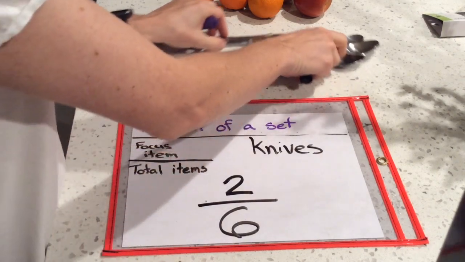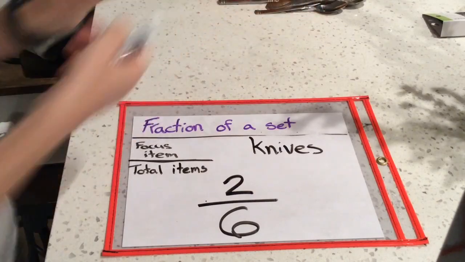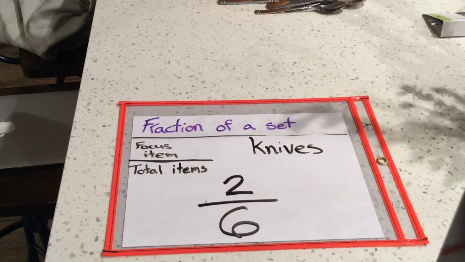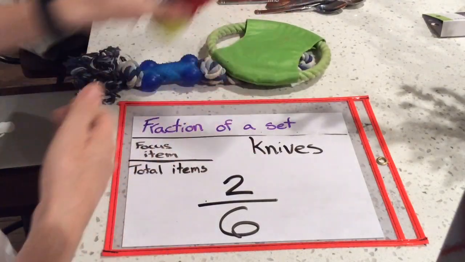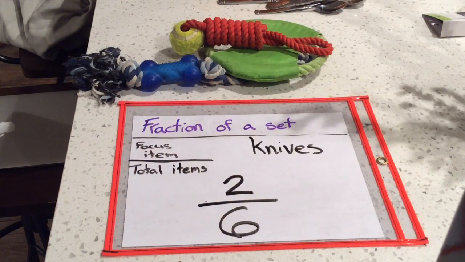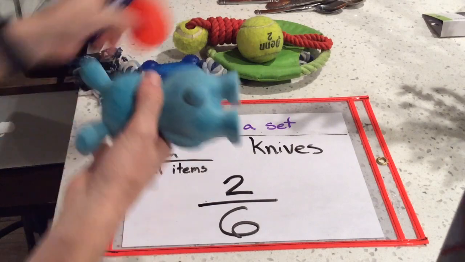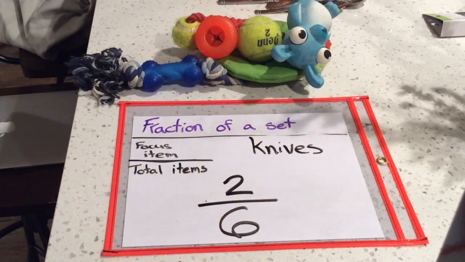And last but not least, this one may take up a lot of space. I was looking around my house and I found some dog toys. I checked with my dog. He said it was okay if I used them.